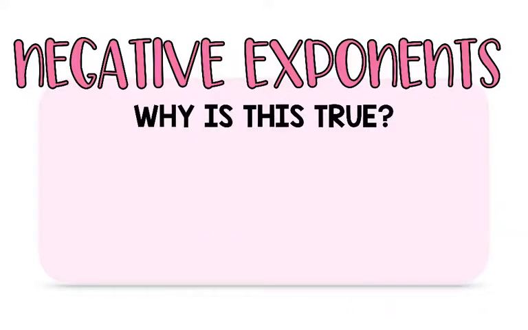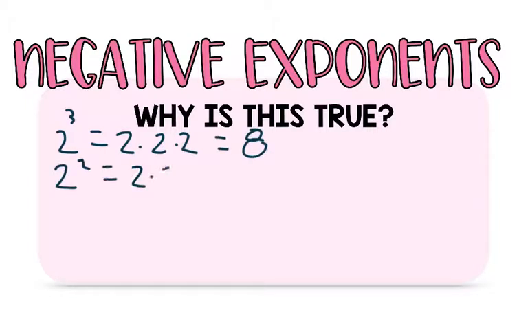Why does that work? So think back to what I just did with you with 0 exponents as to why anything to the 0 power is 1. I did this, where we said 2 to the 3rd is 2 times 2 times 2, and that's 8. 2 squared is 2 times 2, and that's 4. And we see this pattern of, oh, I just divide by 2 every time I'm lowering the exponent.